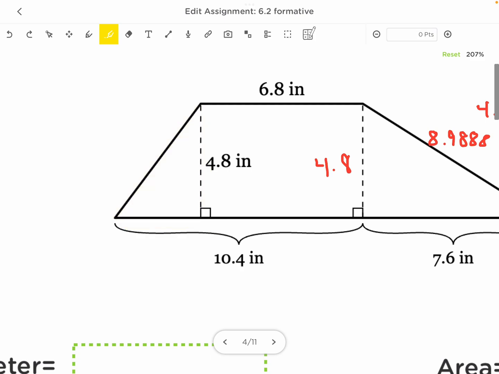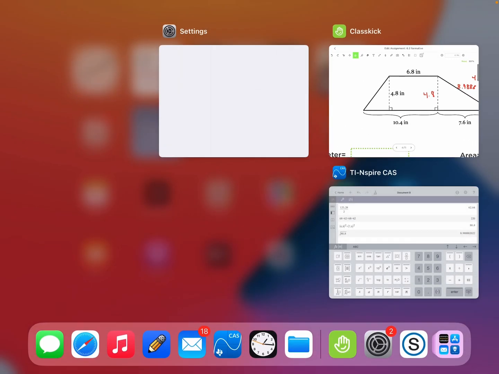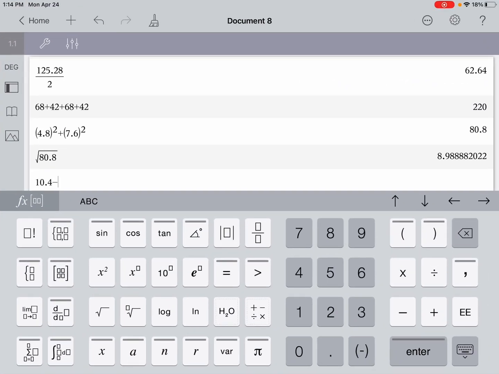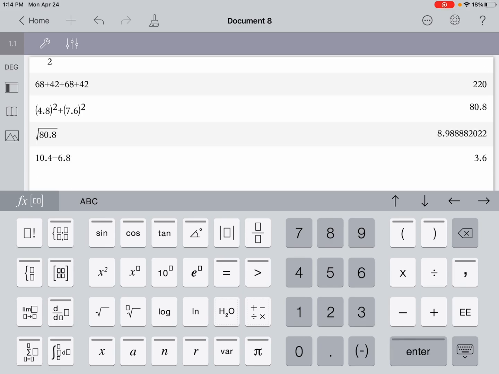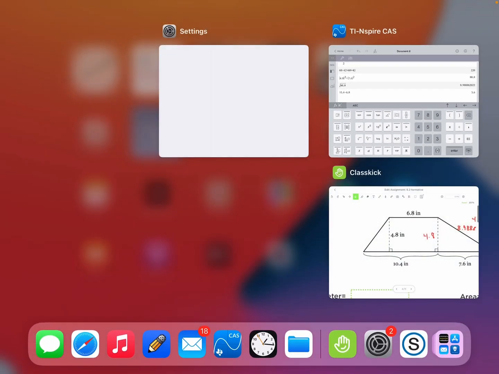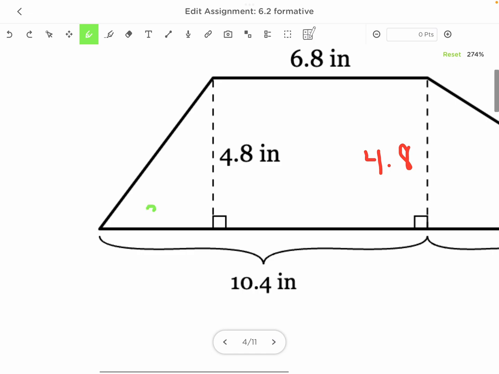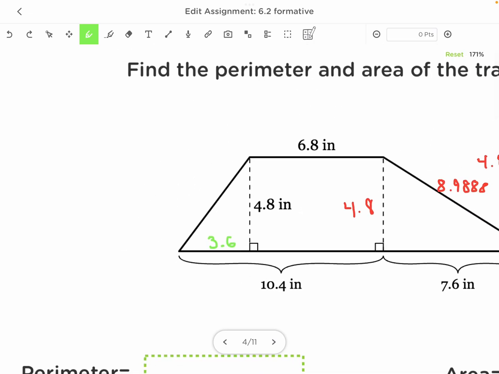Well, notice that it is 10.4 from here to here, and it is 6.8 from here to here. So if I subtract them, that would give me this distance. So I'm going to do 10.4 minus 6.8, and I get a distance of 3.6. So that means that this is 3.6.